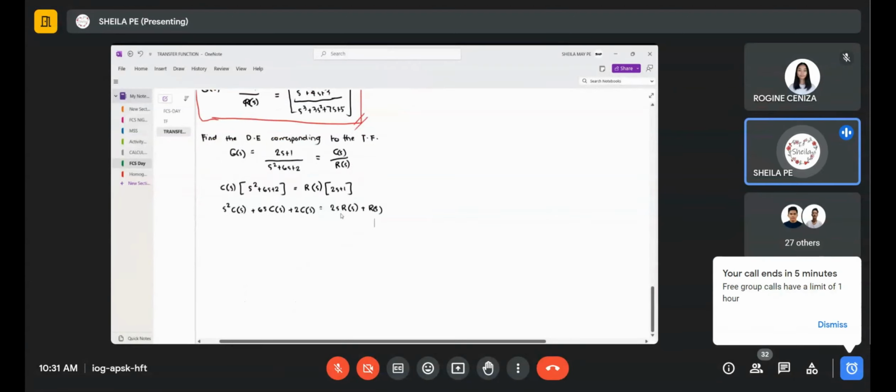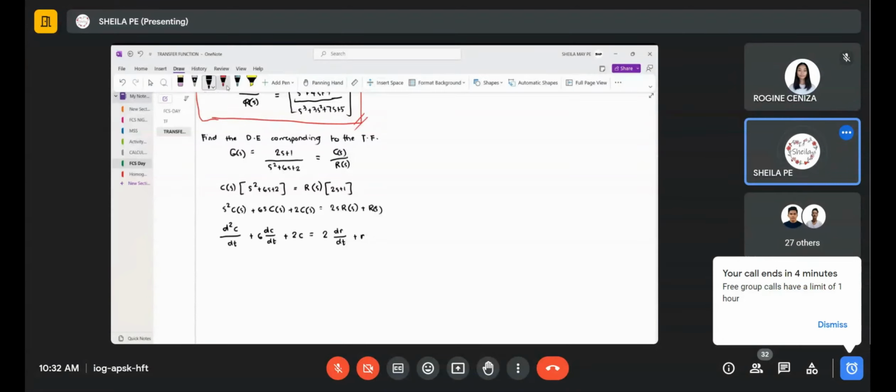Now, taking the inverse Laplace, since it's second order, so d squared c over dt squared, plus 6 first order dc over dt, plus 2c equal to, first order also, dr over dt plus r. Okay, and that is our answer.